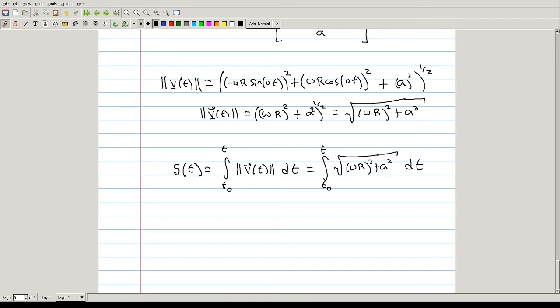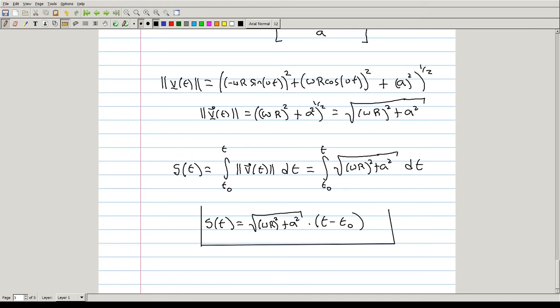So it's constant, and it comes out of the integral. And we have a very nice expression for the arc length function as a function of t: it's just the square root of omega r squared plus a squared, multiplied by t minus t naught.